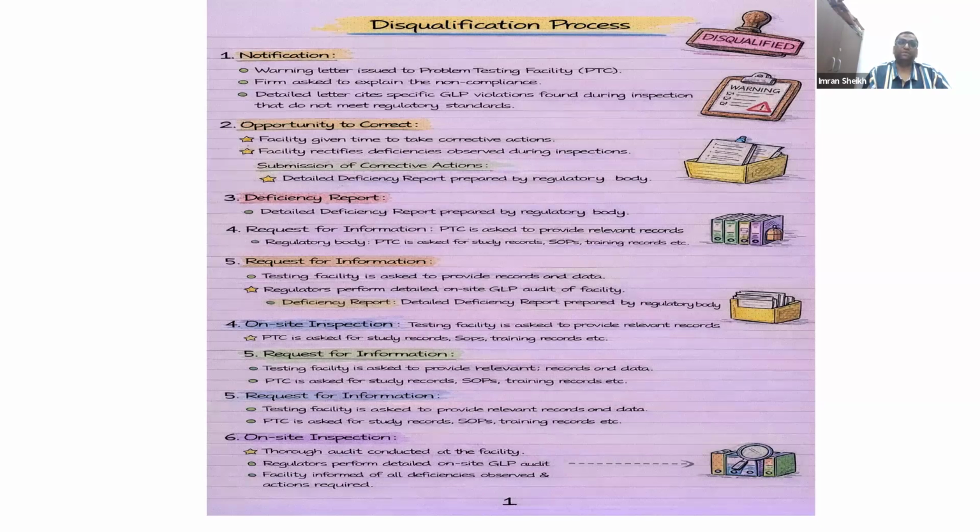The facility rectifies the deficiencies observed during inspections. Thereafter, you have the submission of the corrective actions. What does that include? A detailed deficiency report has to be prepared by the regulatory body. Request for information: the PTC, the problem testing facility, is asked to provide the relevant records, such as study records, SOPs, and training records.